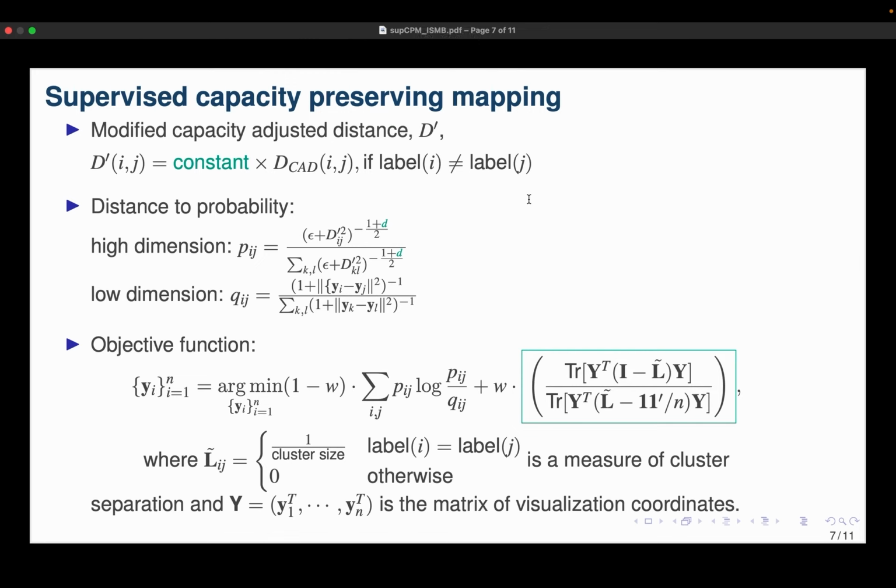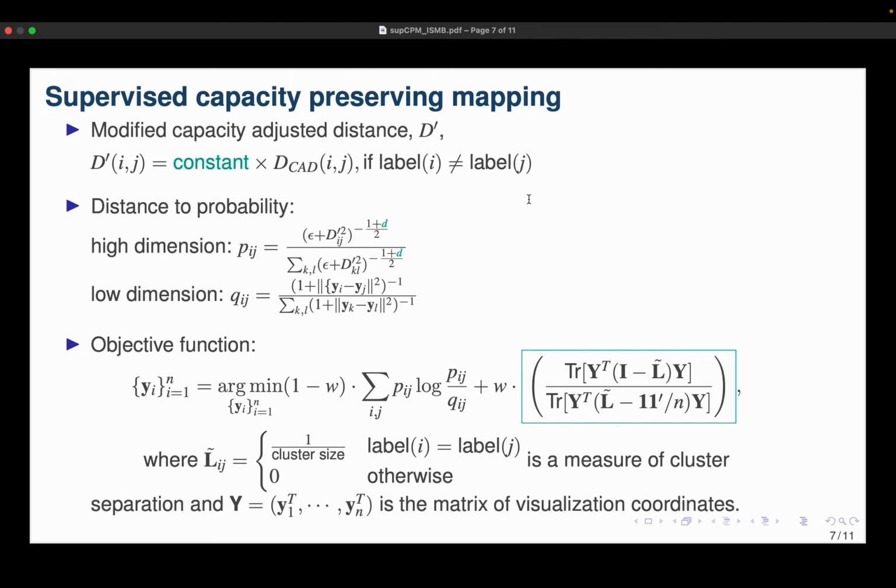Then we adopted the label information to improve the results of the original CPM, and we call it Supervised CPM. It mainly has three parts. First, we put different clusters a little bit farther apart by multiplying a small constant larger than 1 on this capacity-adjusted distance.